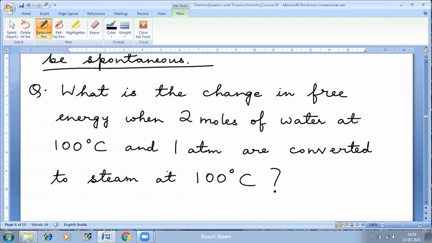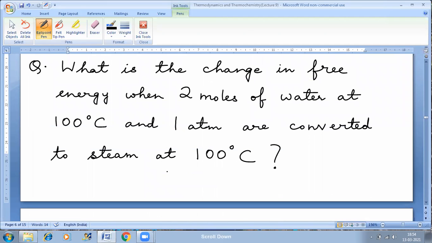Next, this is the next question. What is the change in free energy when 2 moles of water at 100 degrees Celsius and 1 atm are converted to steam at 100 degrees Celsius? Now, change in free energy means what?